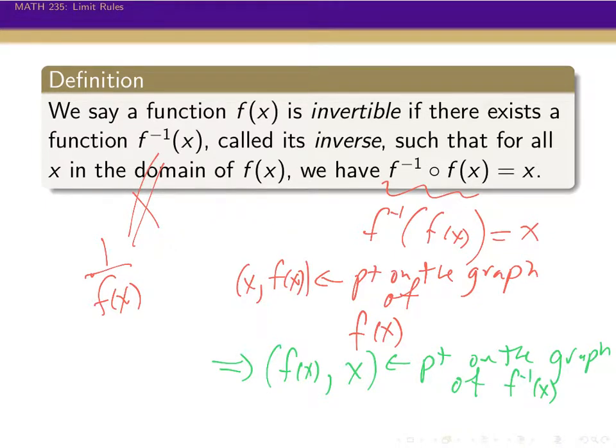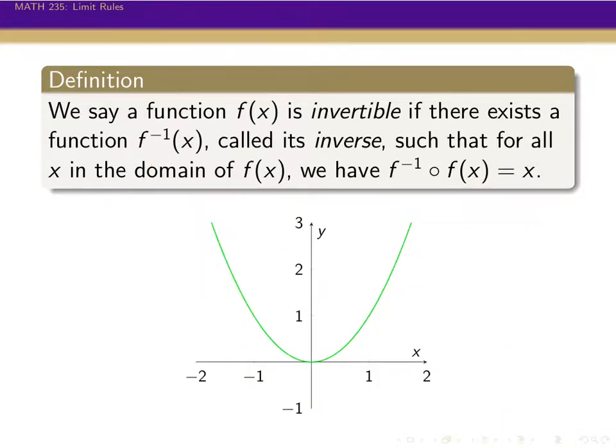Okay. So let's talk about what we mean with invertible functions. So to start off, this right here is a graph of y equals x squared. Okay. If we want it to be invertible, that means that we need to find this inverse function, and it has to be a function as well.